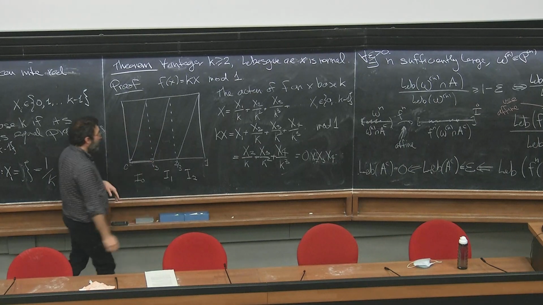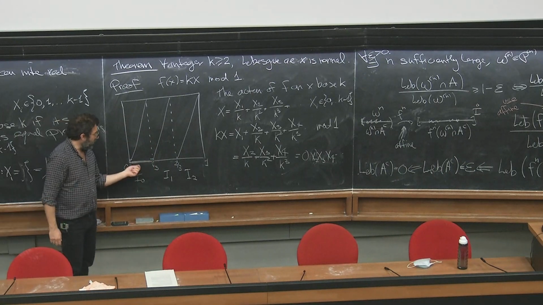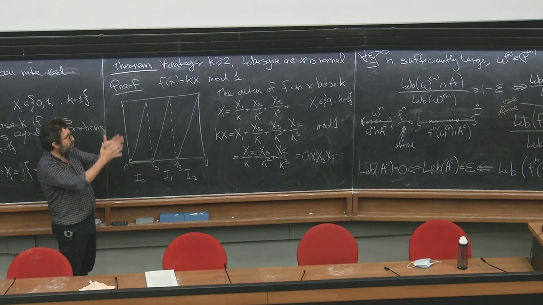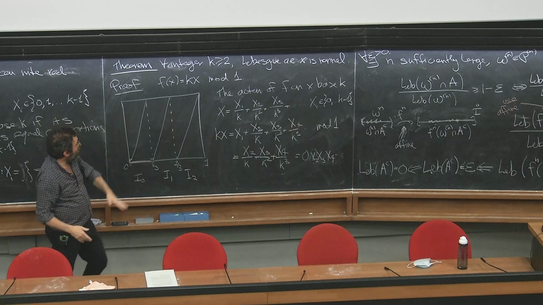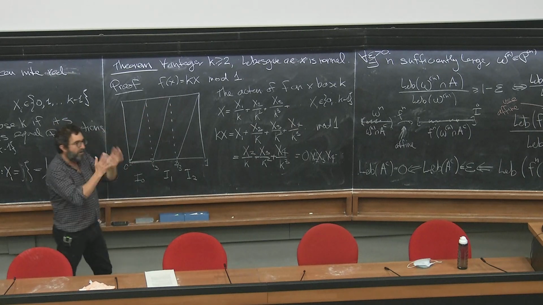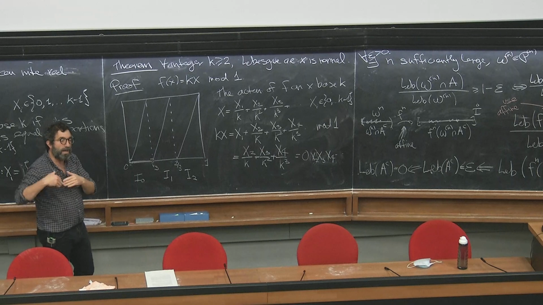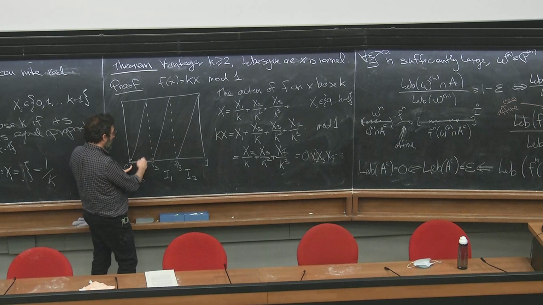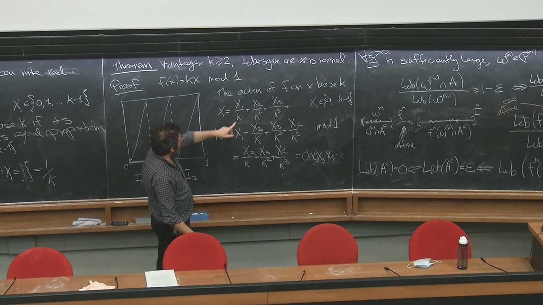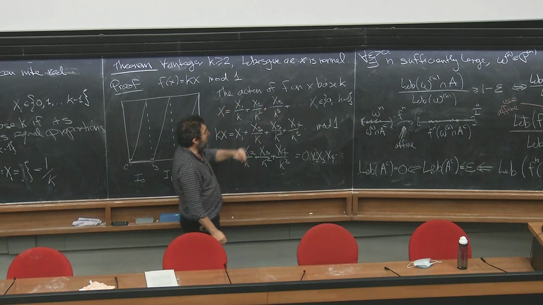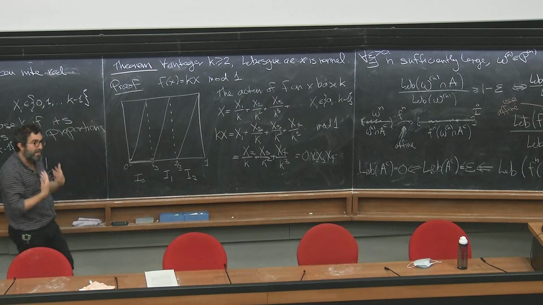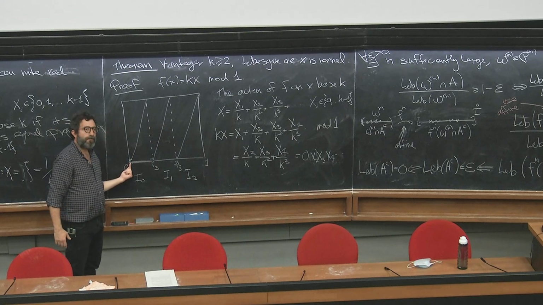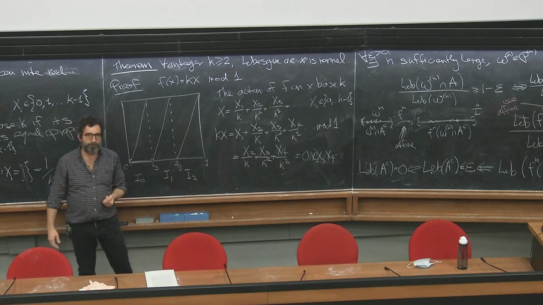Almost every point will visit it 1/3 of the time, or in the general case, it will visit each branch, because all the partition elements have equal size, 1/k of the time asymptotically. And every time it visits here, it means you have a 0 in the base k expansion. So the 0 appears exactly with proportion 1/k in the base k expansion.